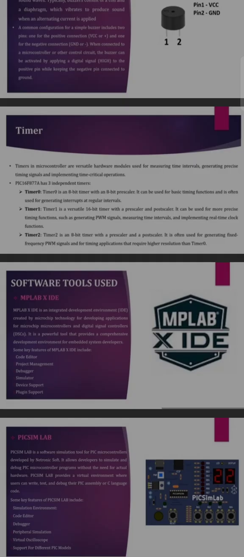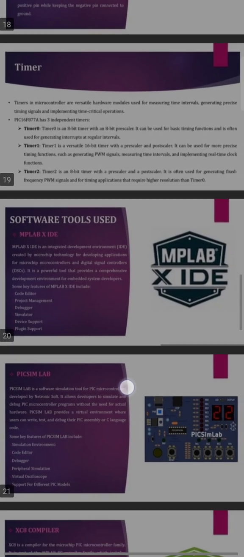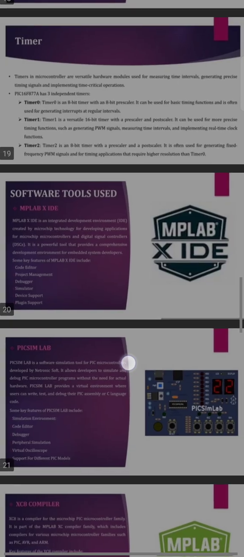It can be used for more precise timing functions such as generating PWM signals, measuring time intervals, and implementing real-time clock functions. Timer 2 is an 8-bit timer with a prescaler and postscaler. It is often used for generating fixed frequency PWM signals and for timing applications that require higher resolution than timer 0.